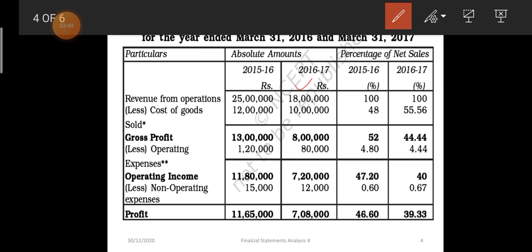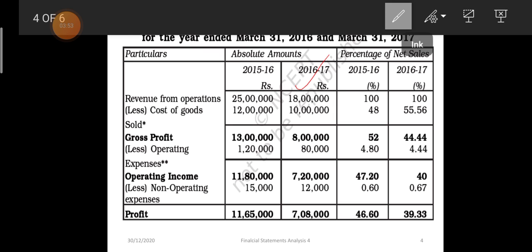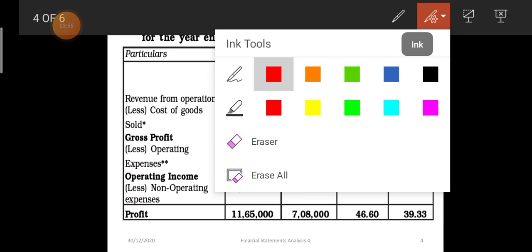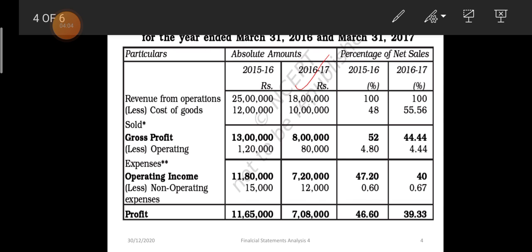Similarly, in case of 2016, when we calculate, we will divide all the items by 18 lakh, that is 18 lakh divided by 18 lakh, it is 100%.